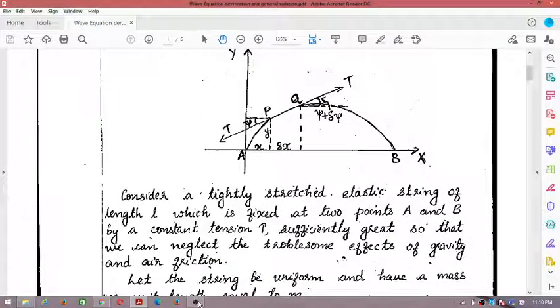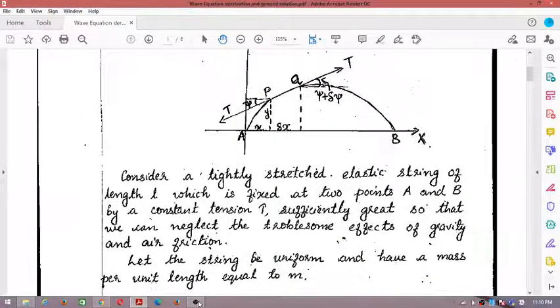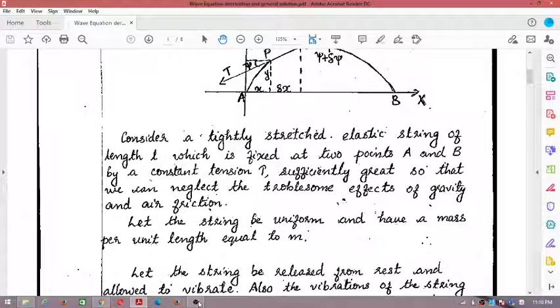Let the string be uniform and have a mass per unit length equal to small m. Let the string be released from rest and allowed to vibrate.